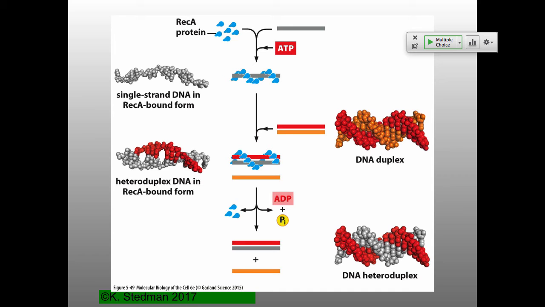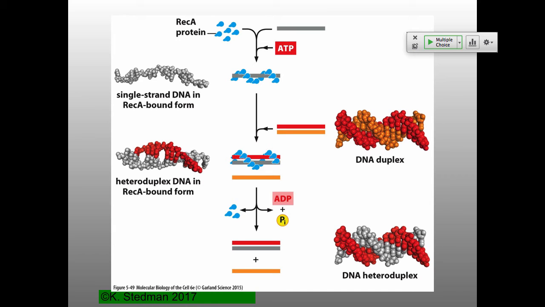So RAD51 or RecA, what that does is it binds to single-stranded DNA, and particularly that 3' overhang that was generated due to the exonuclease. That stretches out this single-stranded DNA, but RecA will associate with double-stranded DNA as well, and also stretches out that double-stranded DNA.